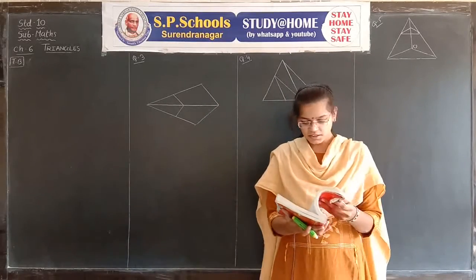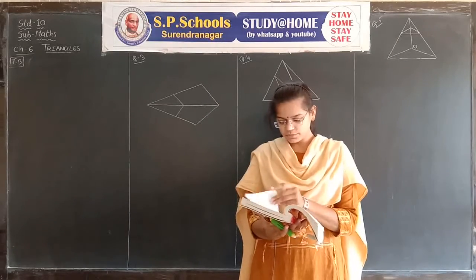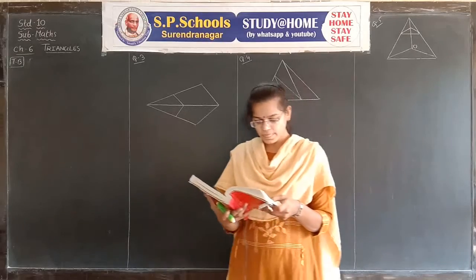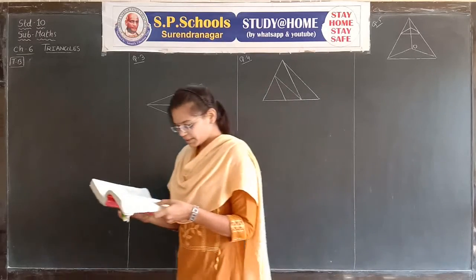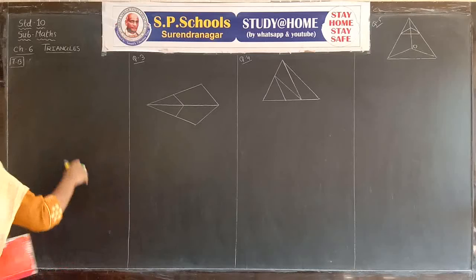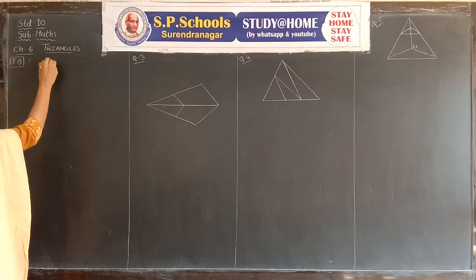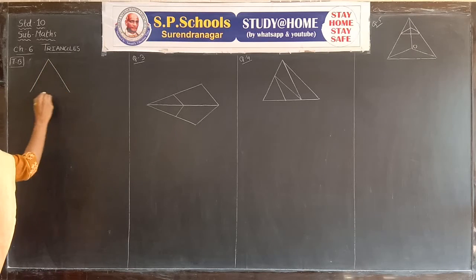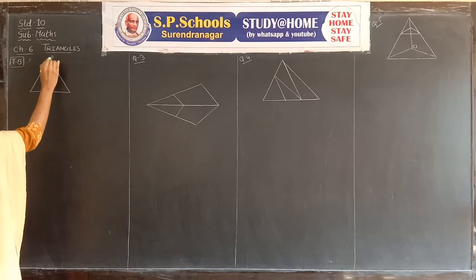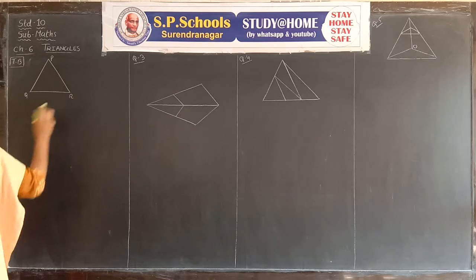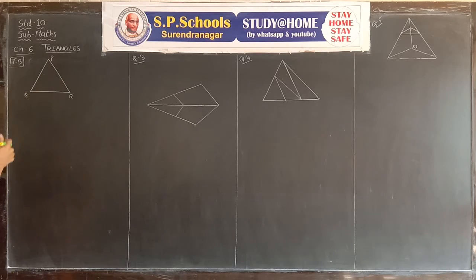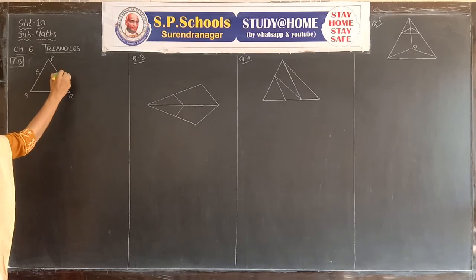Let's see the last, third number from question number 2. The same figure is repeated in the third also. The figure is triangle PQR, in which E and F are points on PQ and PR.